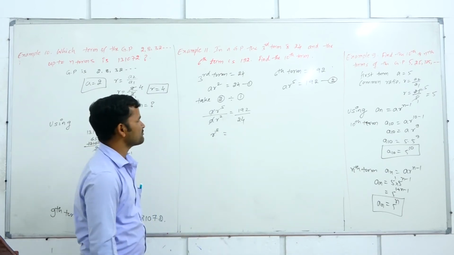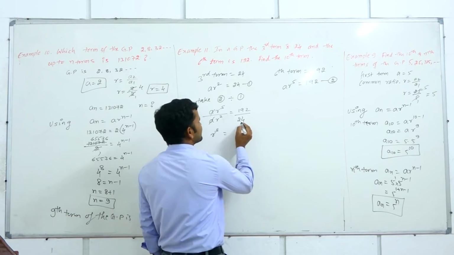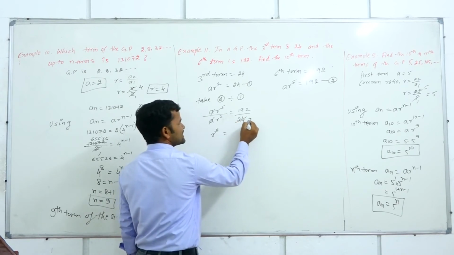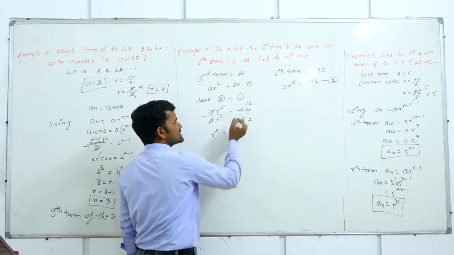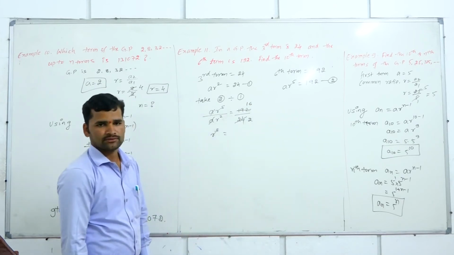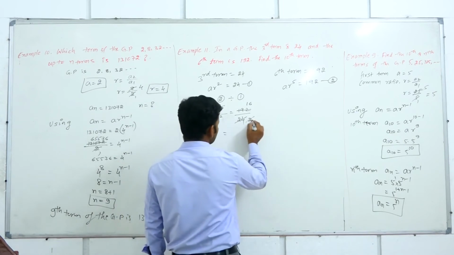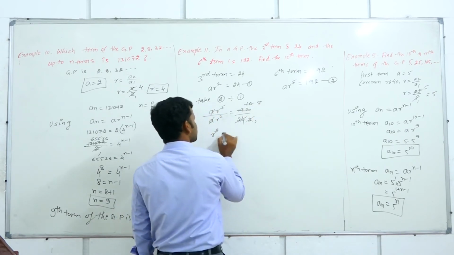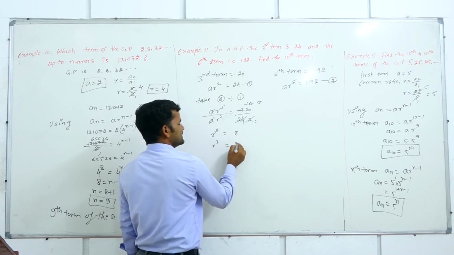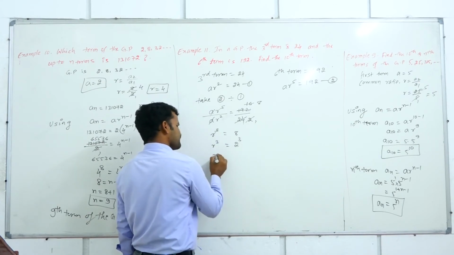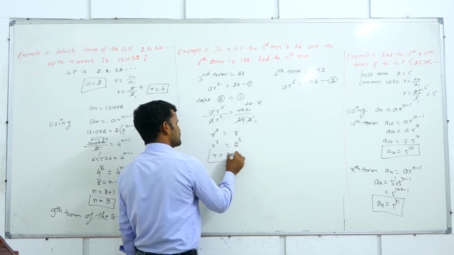And the right hand side, you divide it by 12: 12 2s, 12 1s, 7 remains 72, 12 6s 72. 2 1s 2, 8s. R cube is equal to 8, which can be written as 2 cube. Therefore R is equal to 2.